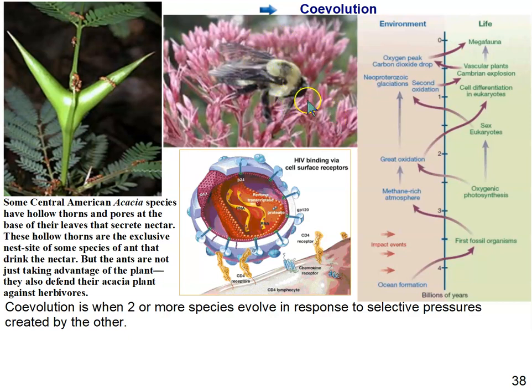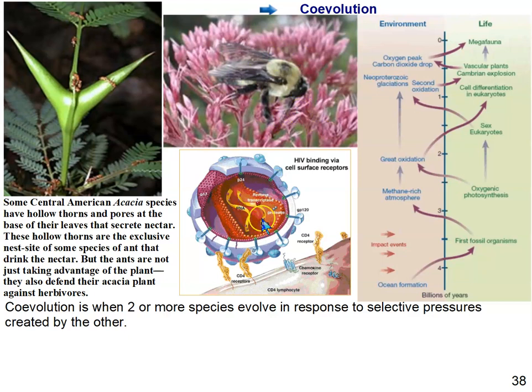So bees, for example, evolved to better be able to pick up pollen and pick up nectar from the flowers, and the flowers have adapted to attract the bees and make it easy for the bees to get the pollen and make it easy for the bees to get the nectar. So they have co-evolved.